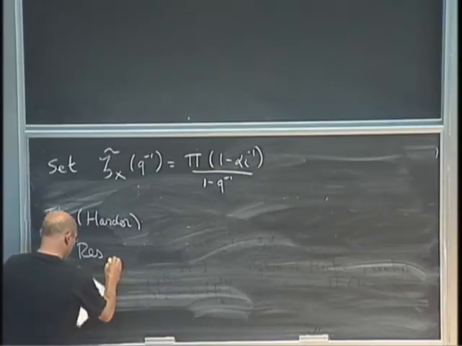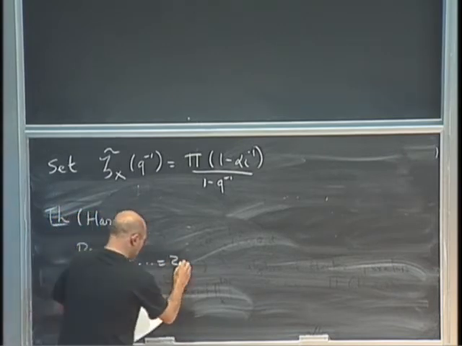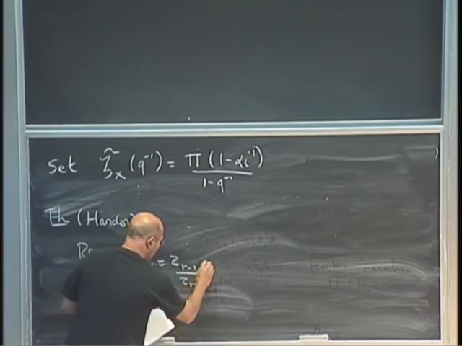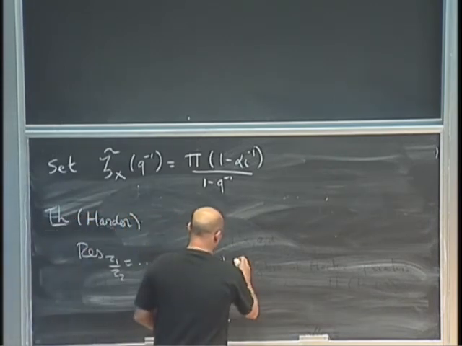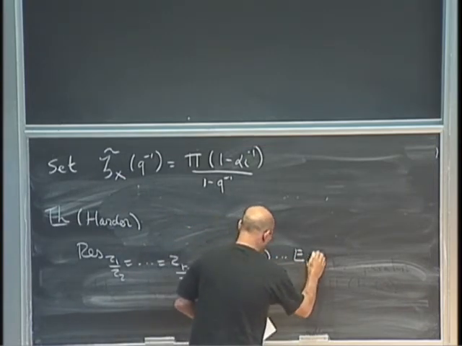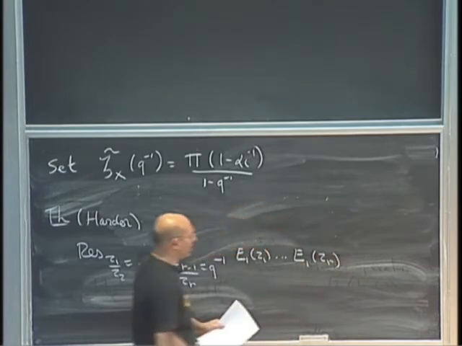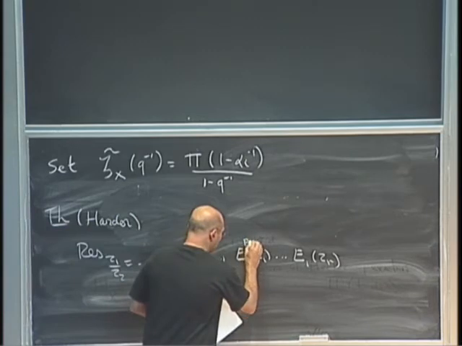If you consider the residue, Z1 over Z2 equals Z_{R-1} over Z_R equals q minus 1, you take a certain residue of this Eisenstein series, right here you just take the bundle part.